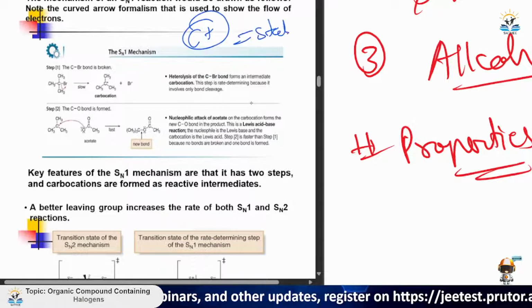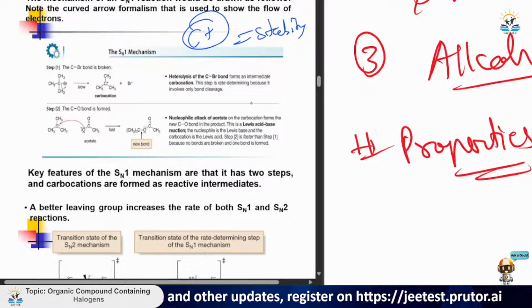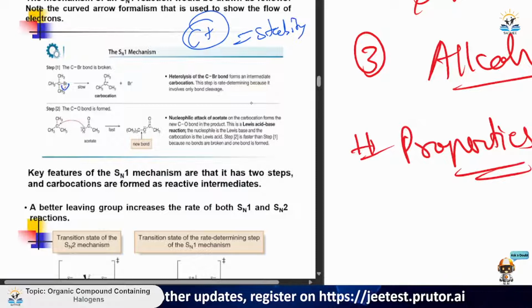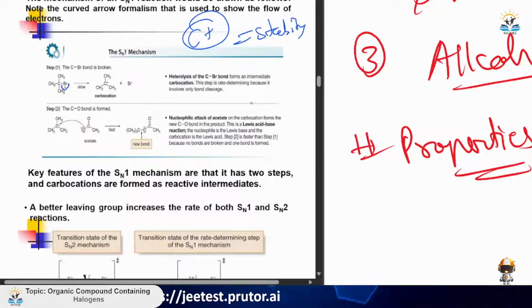We just need to check that. If this Br leaves, first a carbocation will be formed. Here bond making and bond breaking will not occur in the same step. First the carbocation will be formed. Now we will check the carbocation stability, and the most stable carbocation position will be our destination for this nucleophile.